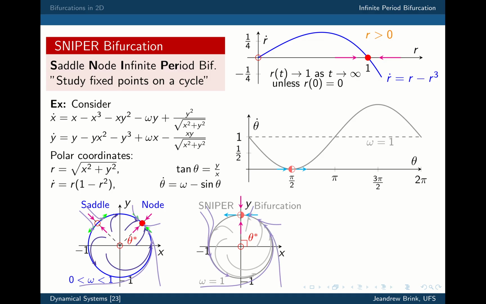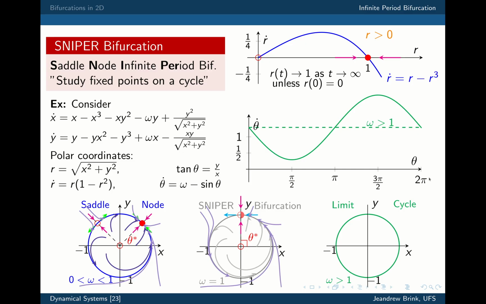If we now continue and increase omega above 1, we no longer have a fixed point. The fixed point has literally disappeared at the bifurcation point, and we're simply left with this theta dot that is always positive. Okay, so if we plot that, we now have the true case of a limit cycle. This invariant curve that is always approached at r equals 1 has no fixed points on it, and the angle is simply positive, so the motion tends to run around the curve.